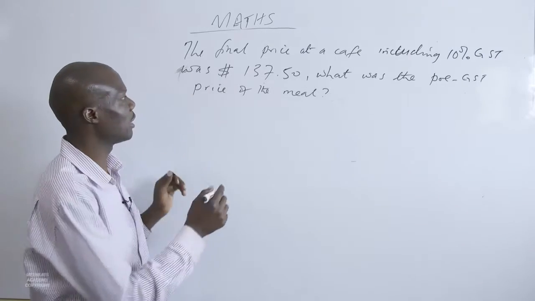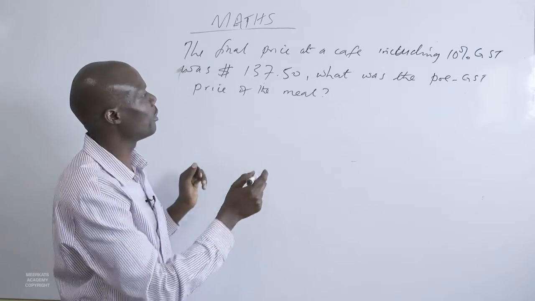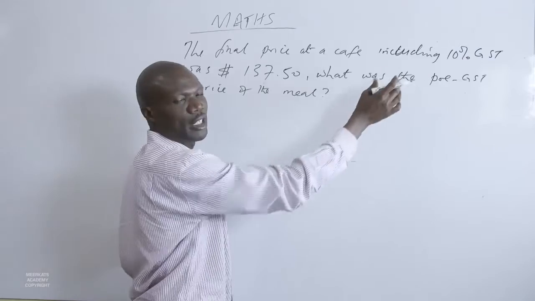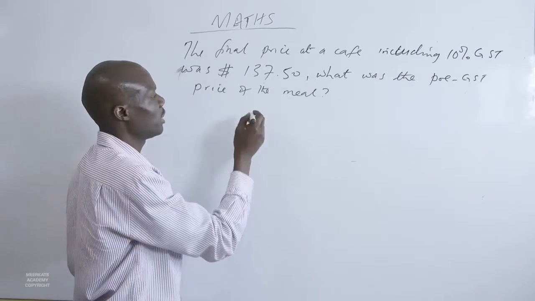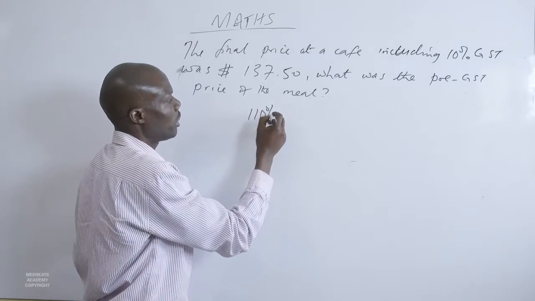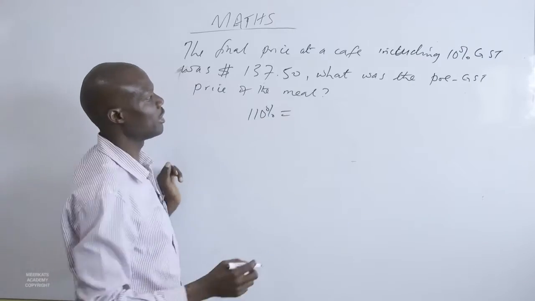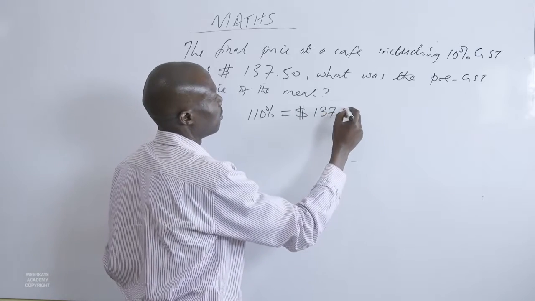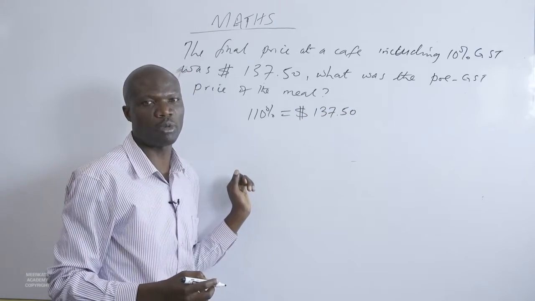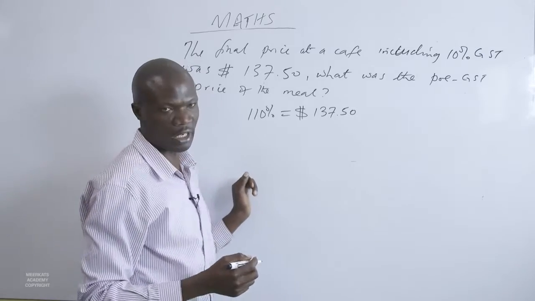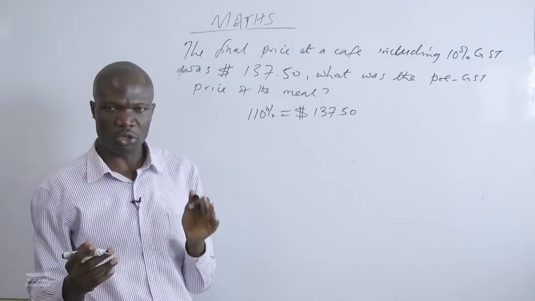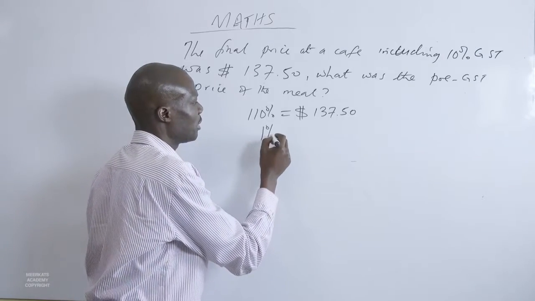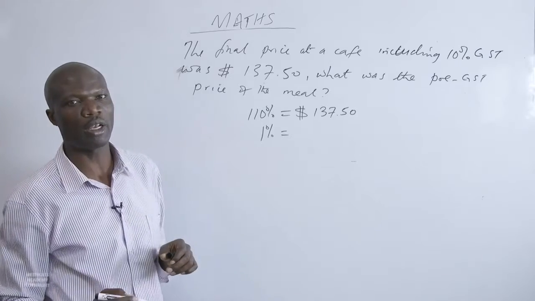You must have seen that $137.50 is equivalent to the cost 100% plus the GST percentage, which is 110%. So we say that 110% is equivalent to $137.50.